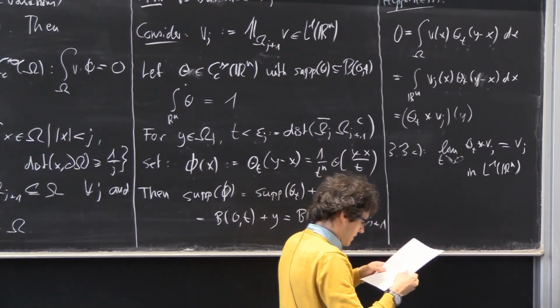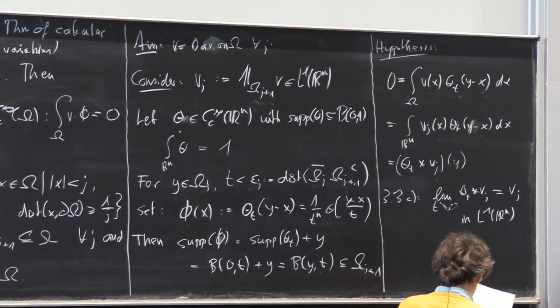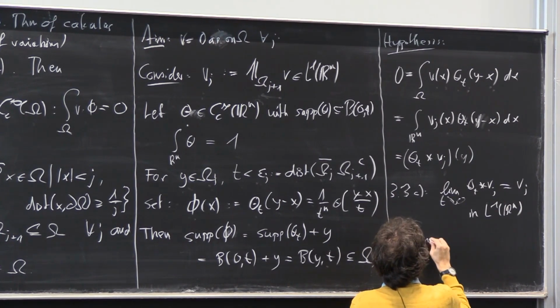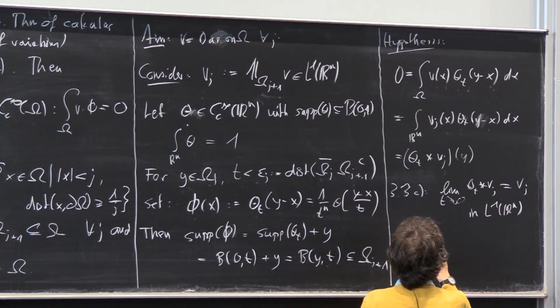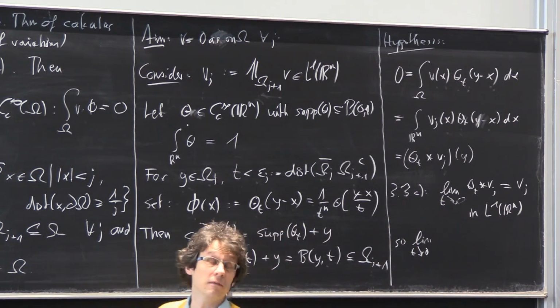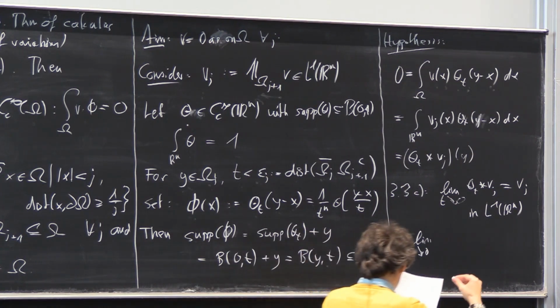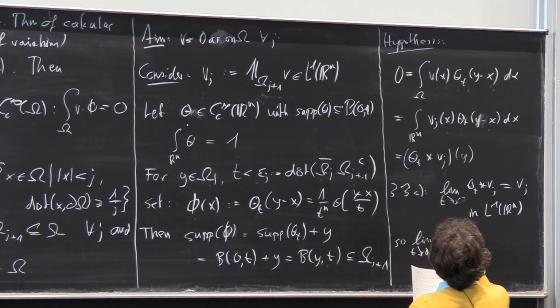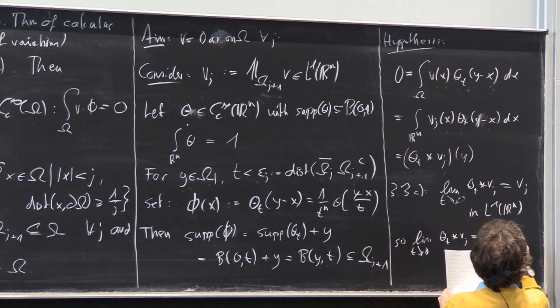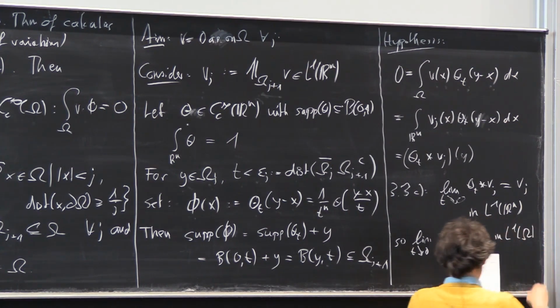If you restrict to omega j, then on omega j, Vj is just v. So the limit t going to 0 of theta t convoluted with Vj is just v in L1 of omega j.